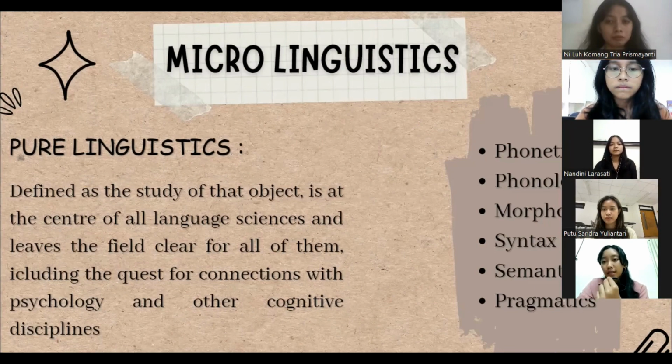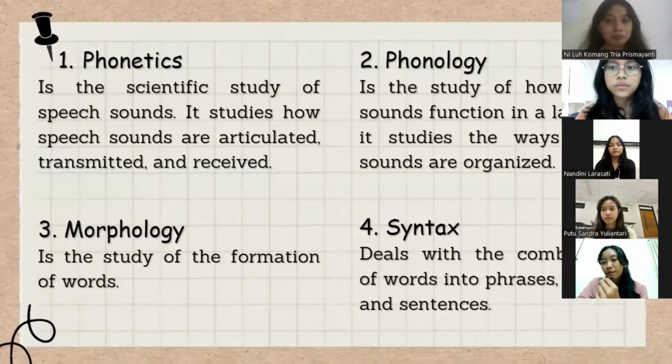Microlinguistics includes 6 parts that are phonetics, phonology, morphology, syntax, semantics, and pragmatics. And the next explanation will be continued by my friend Laras.